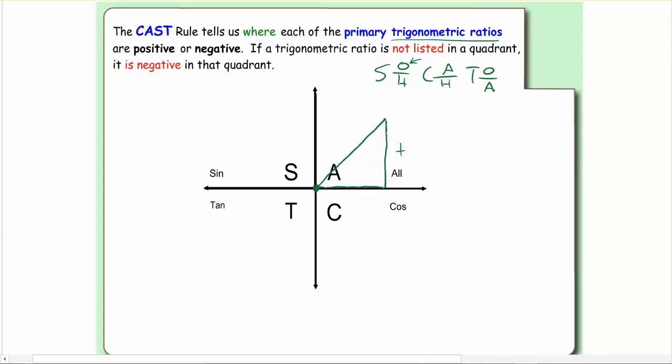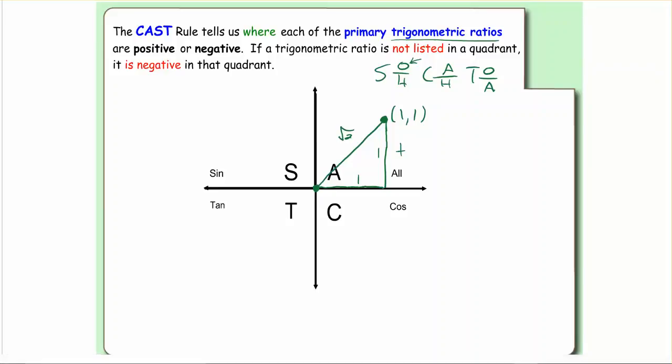Let's call the point 1 comma 1, because if you did a squared plus b squared equals c squared, this would be 1 squared plus 1 squared, and the hypotenuse would be square root 2 in the end.